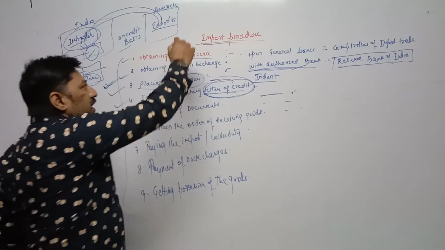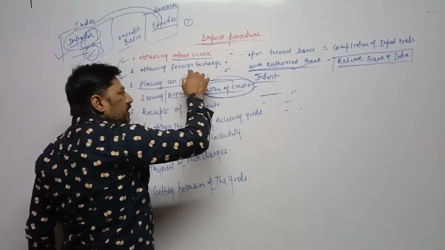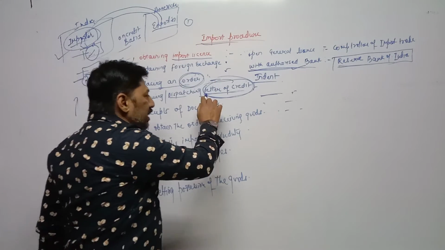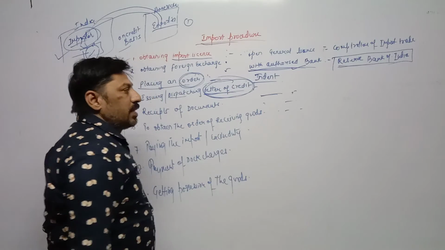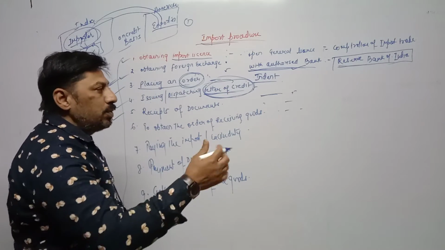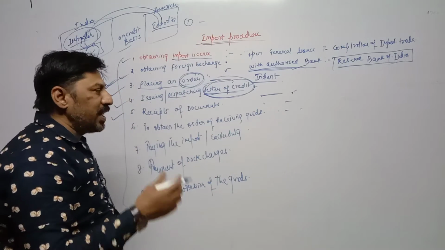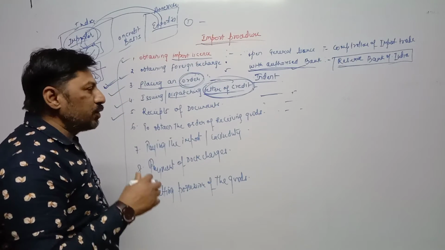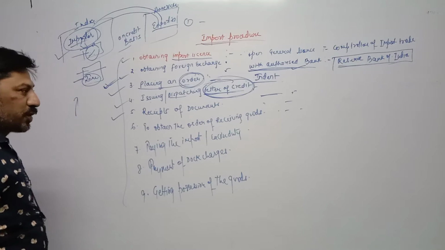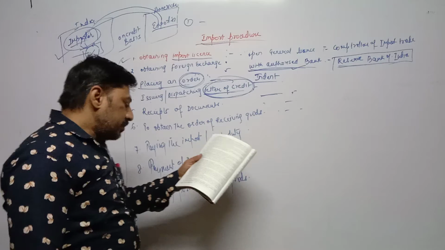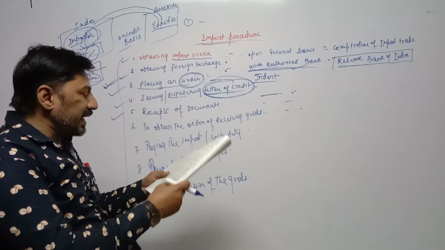The first document says that we are satisfied with your order, we are satisfied with the letter of credit. Against that, we are ready to supply you these particular goods. A kind of acceptance that we are ready to accept your order and to send goods on your request on the basis of the letter of credit. Such a document is called receipts of documents or documents against acceptance.